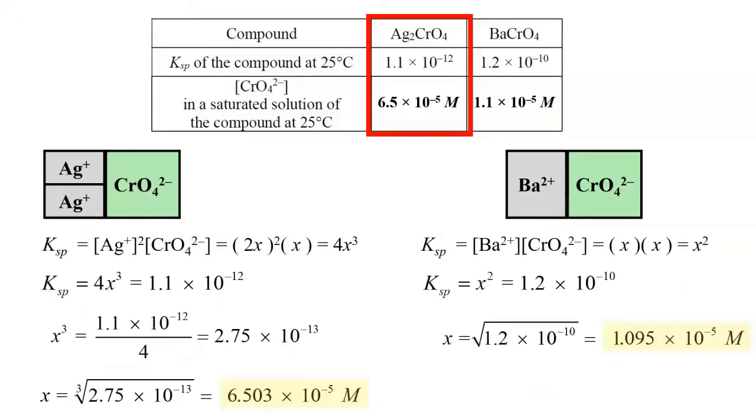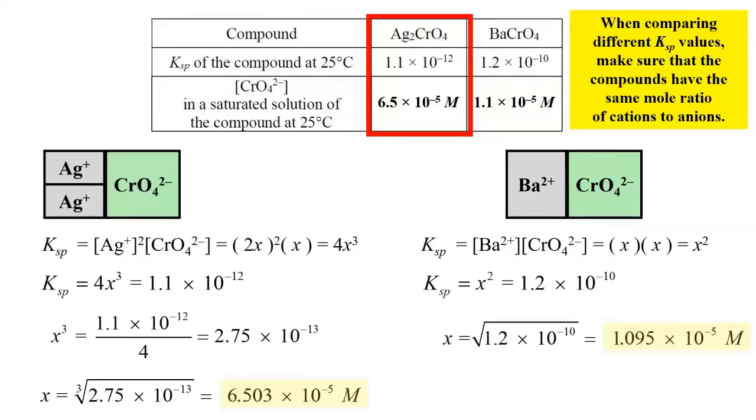So the message here, looking at these two calculations side by side, is that when you are comparing different Ksp values for different compounds, make sure that the compounds have the same mole ratio of cations to anions. And if they do, then you can just look at the Ksp values to determine which one has the highest or the lowest solubility for that compound.